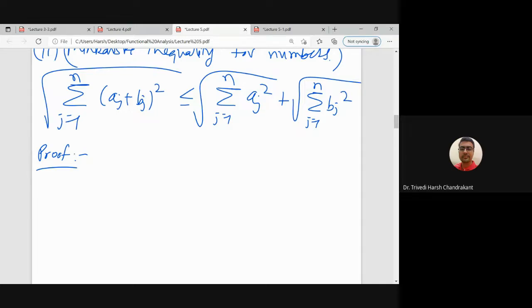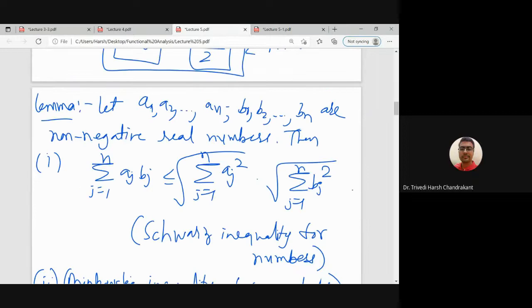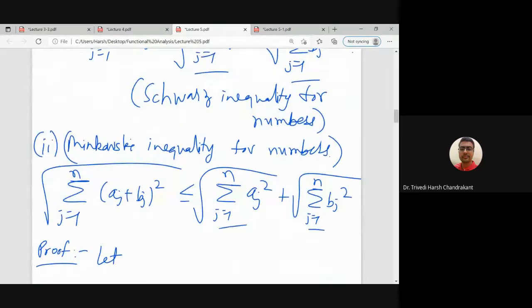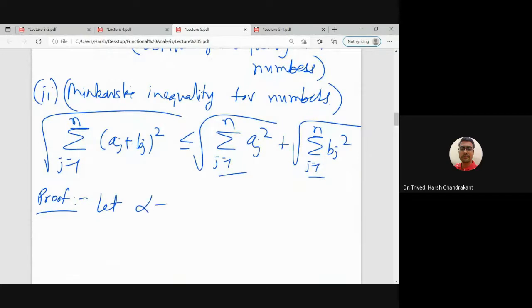First of all, in both inequalities we have this number on the right-hand side. Let us call them alpha and beta. Alpha is the number, the summation of aj square, j running from 1 to n. Beta is the number, the summation from j equals 1 to n of bj square.